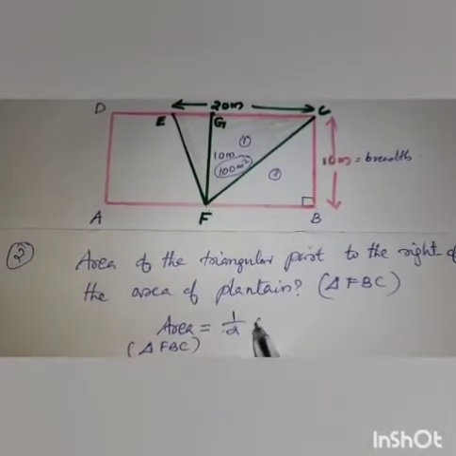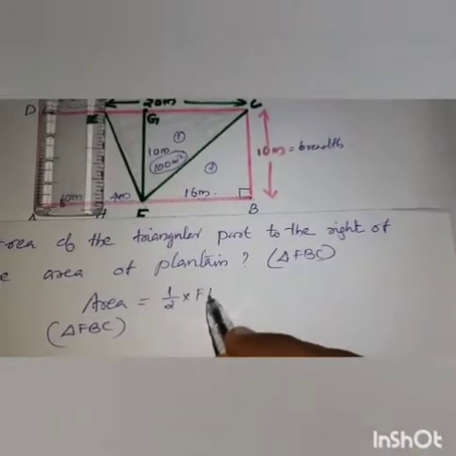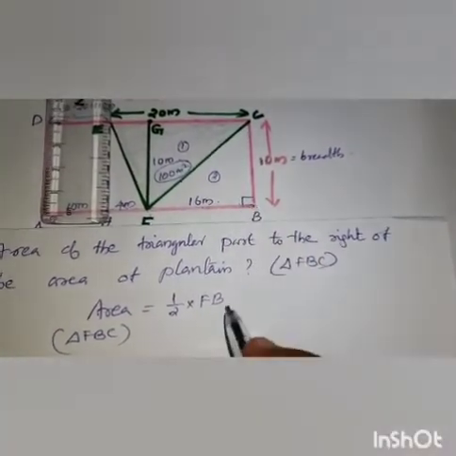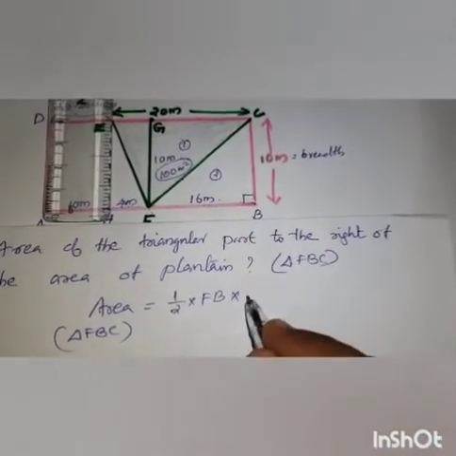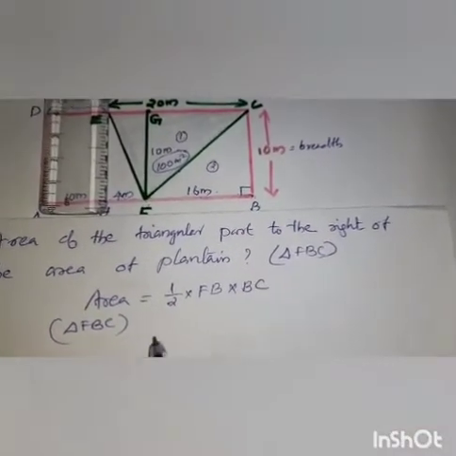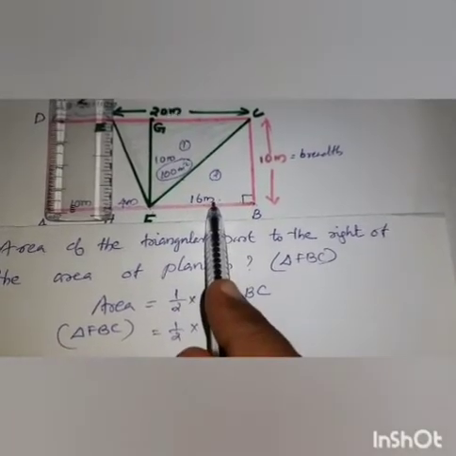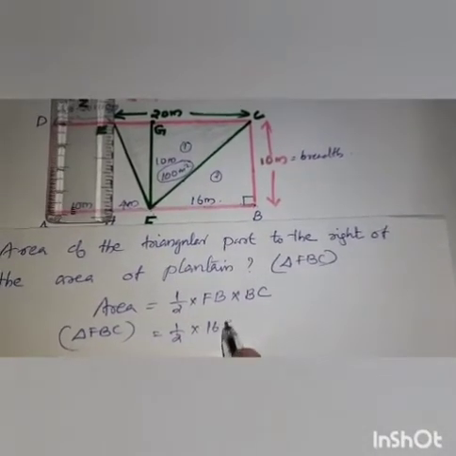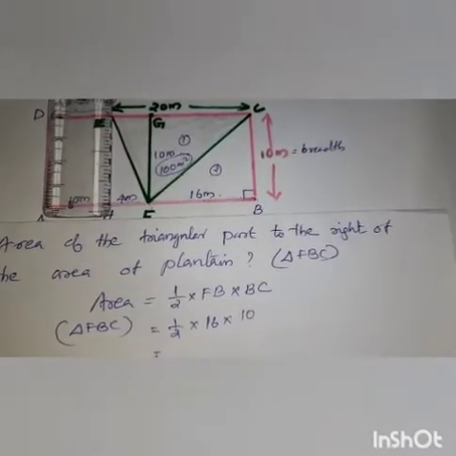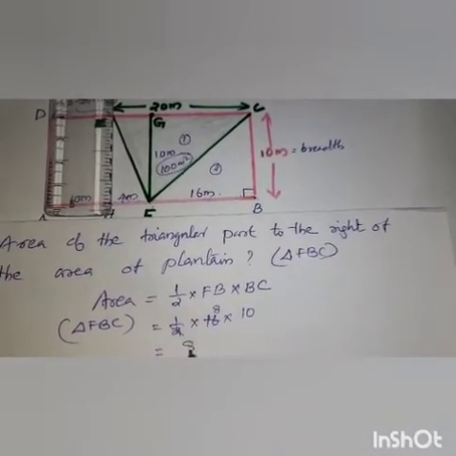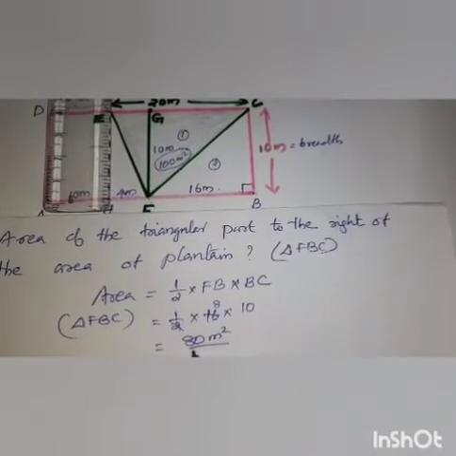So half into FB, length of the triangle, and multiplied by the height BC. So half into FB is given 16 meter in the question. So 16 into BC is 10. 8 2s are 16. 8 into 10, 80 meter square.